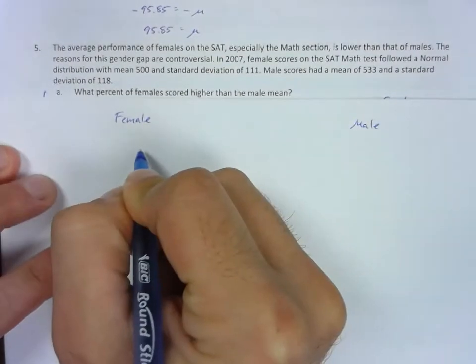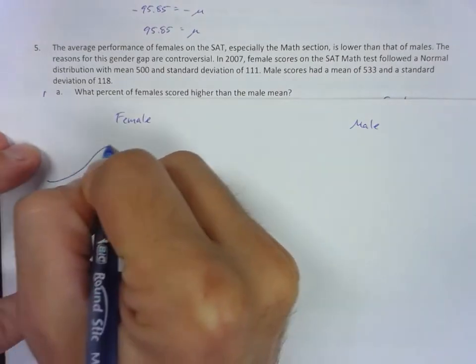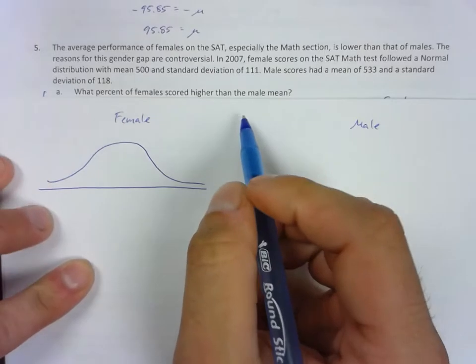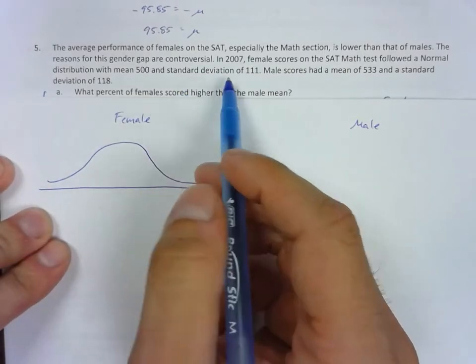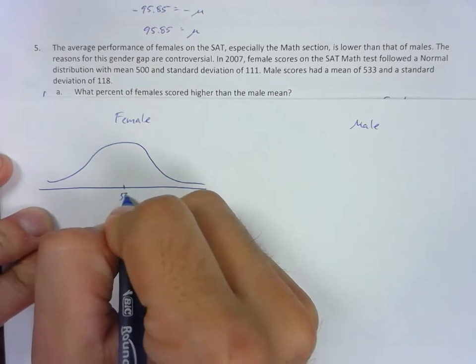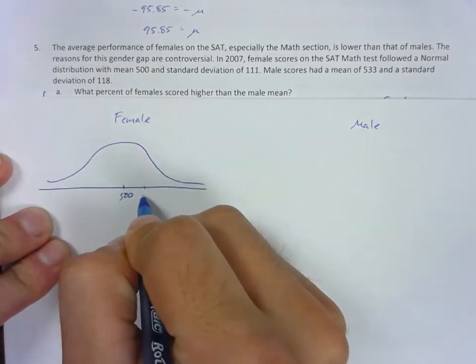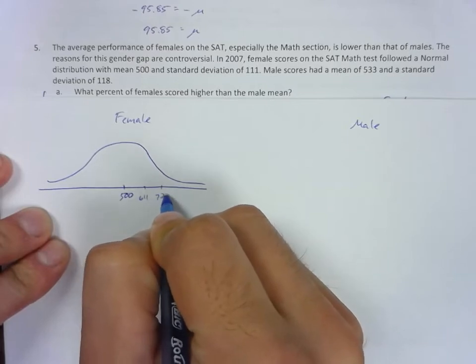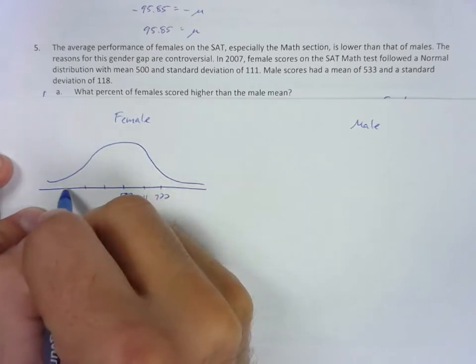So for females, I'm going to create a normal distribution, and the mean for the females is, what does it say here? It says 500 and a standard deviation of 111. So this would be 611, and this would be 722, and so on and so forth.